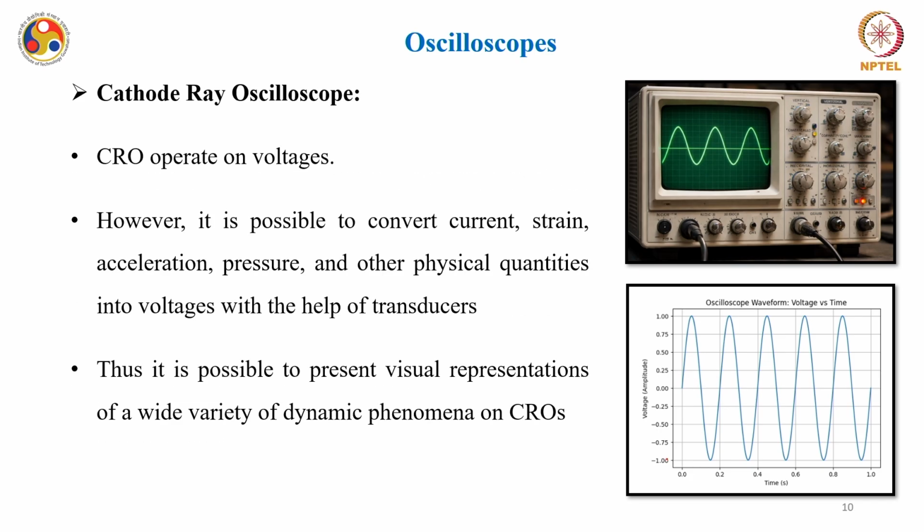So, one thing is very clear that these CROs are based on voltage, and any deflection in this beam of electrons is directly proportional to the input voltage. However, when you want to generate signal for different physical quantities, sometimes it is not possible, because ultimately what you need is a voltage form.